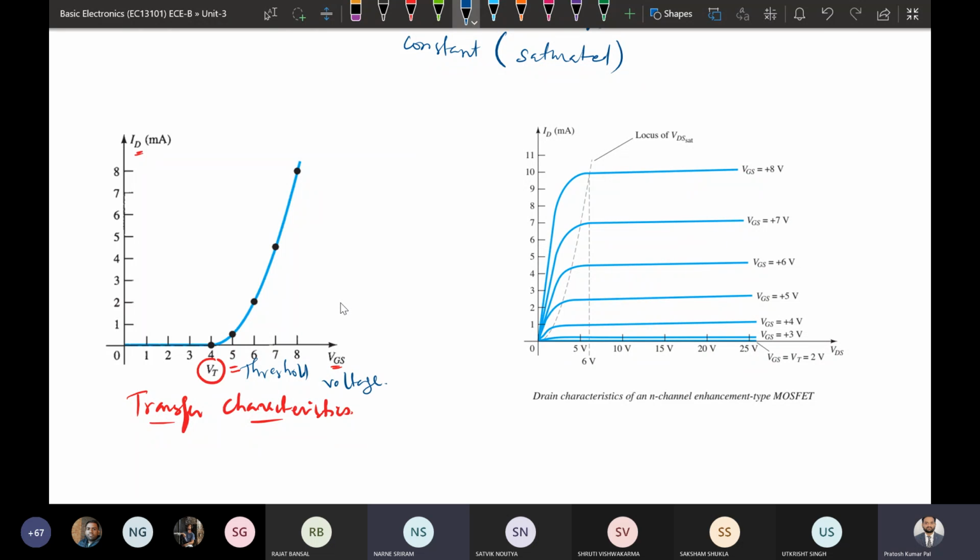So this threshold voltage is the voltage at which the channel has been formed, and at that time the drain to source voltage is also applied and the current starts flowing.